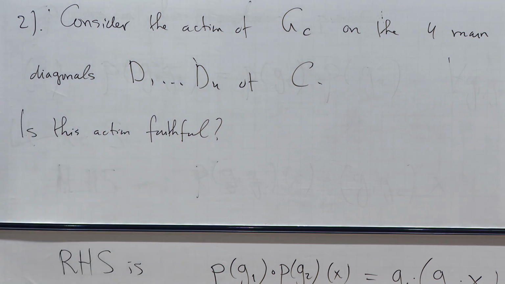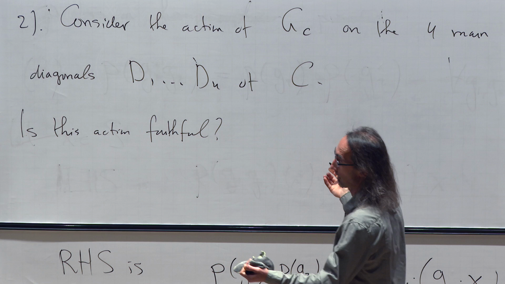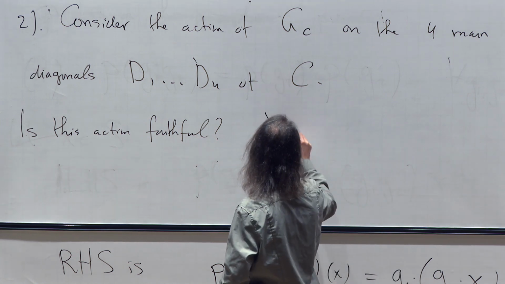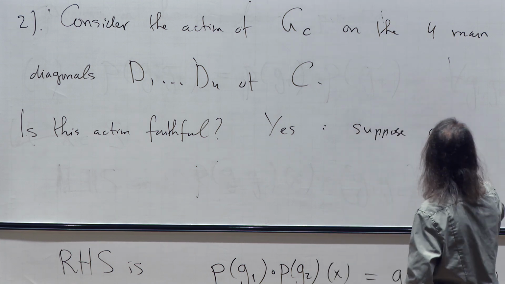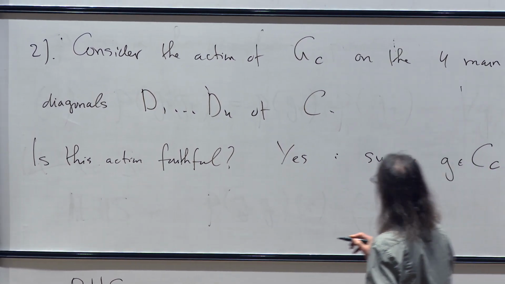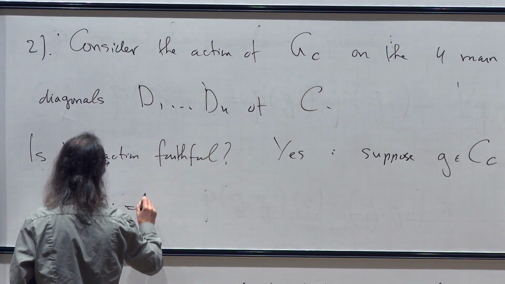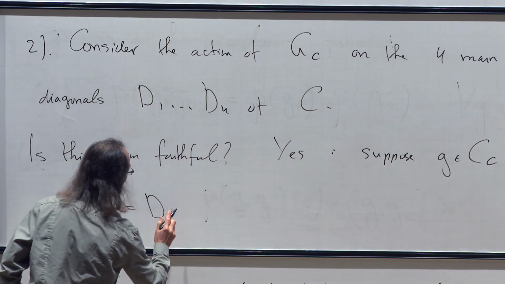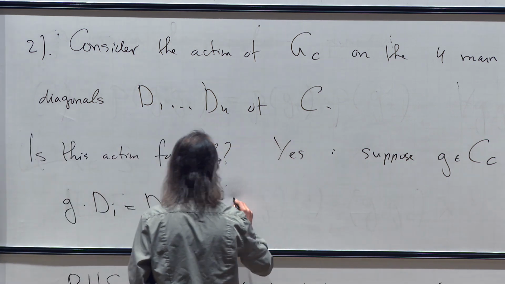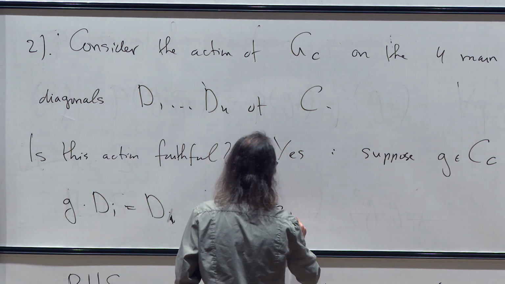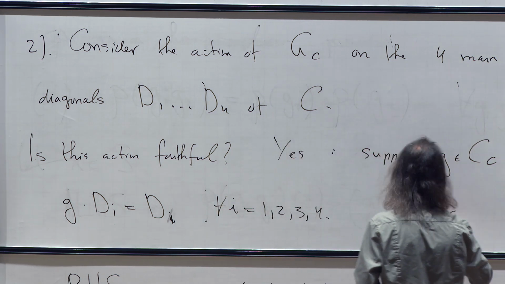This is the thing we need to check, and the answer here will be yes. And let's prove it. Suppose that I have an element g, a rotation of the cube, which fixes all the diagonals: g sends Di to Di for i equals 1, 2, 3, 4. And I claim that g is the identity.